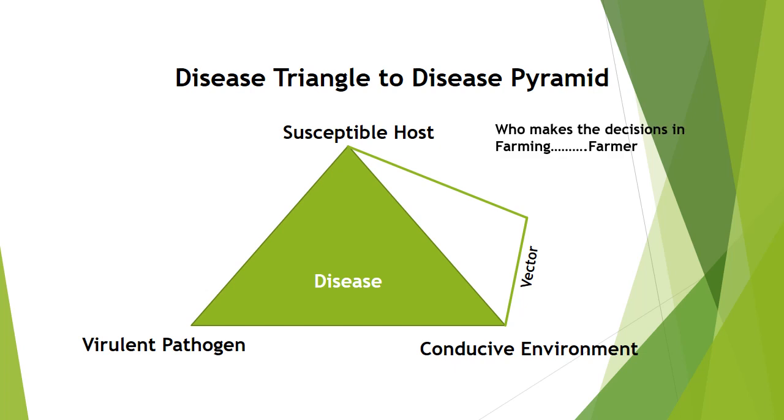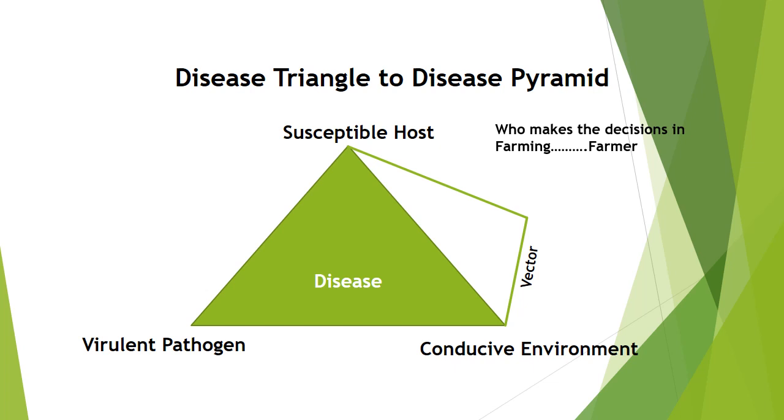And we all know that in the farming system, the decision is made by the farmer, and his decisions have an impact on the disease. For example, a farmer decides which variety to grow, when to grow, in which kind of soil to grow, what kind of tillage practices should be adopted, what kind of fertilizer to add and the amount of fertilizer, and when and how much water to apply.